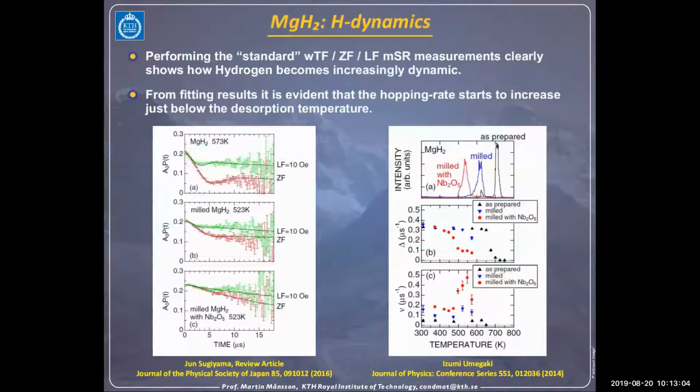You recognize all this by now. These are the different materials at different temperatures, but you clearly see that at the same temperature it becomes more and more dynamic with the milled and the milled with the niobium oxide. And also, if you plot the hopping rate here, you see that one is flat up to here, one starts to go up, and the red one milled with niobium clearly goes up here. You also see that you have a drastic change in delta here that follows all this. This is quite nice.